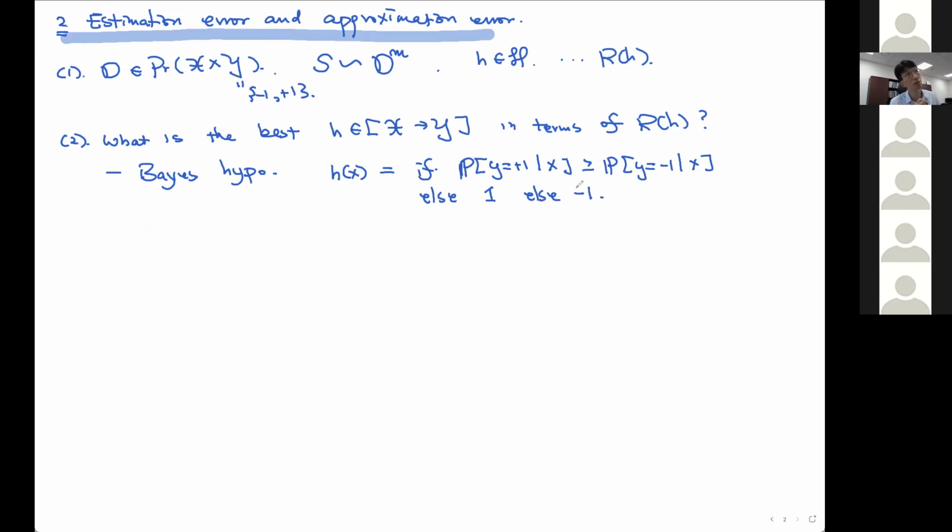It turns out this is the best hypothesis in the sense that it has minimal generalization error. So for this Bayes hypothesis, the minimum generalization error is called the Bayes error.